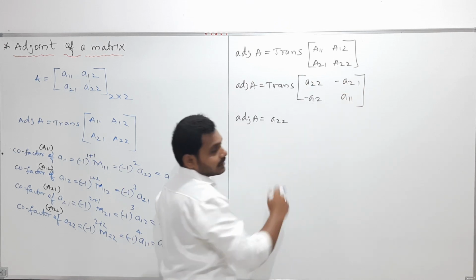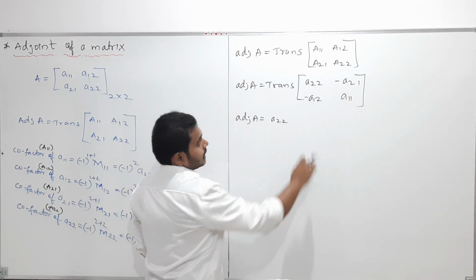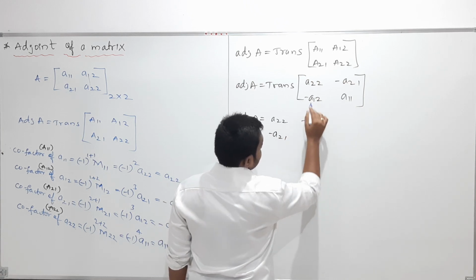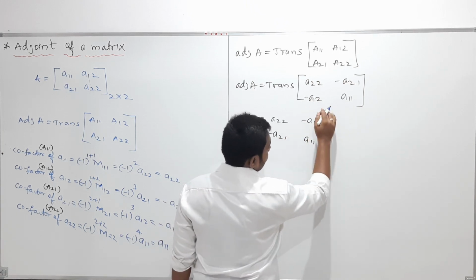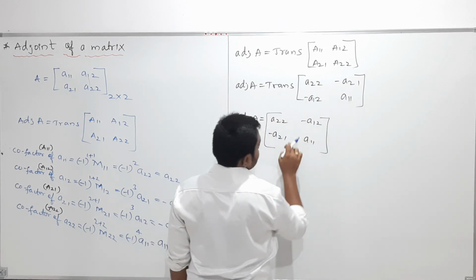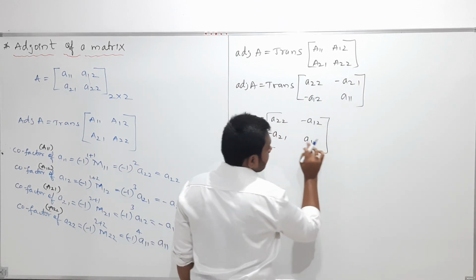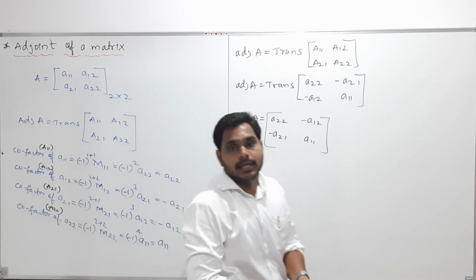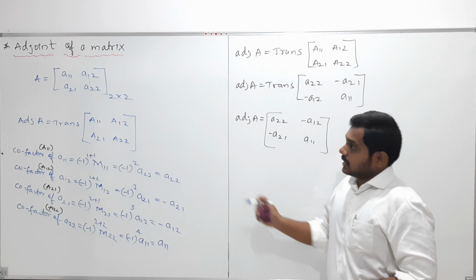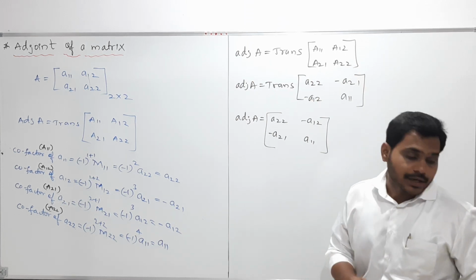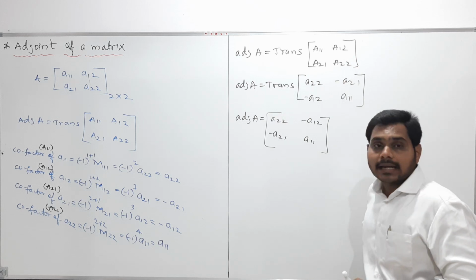This row I am writing as the first column, and the second row I am writing as the second column. So this is what you required, the adjoint of A. This is the procedure to find the adjoint of a matrix of order 2 cross 2.